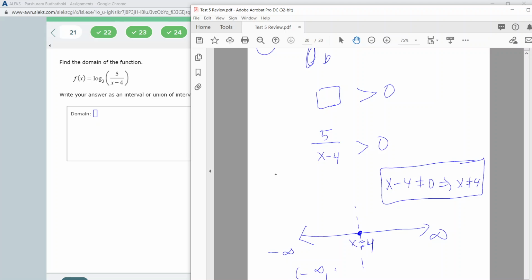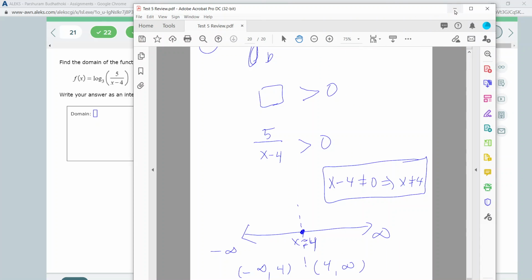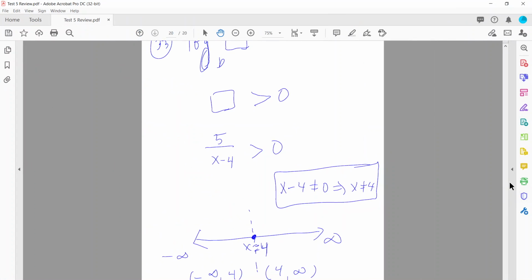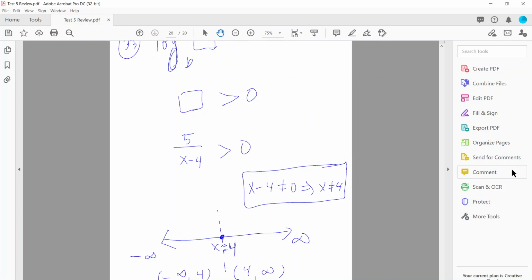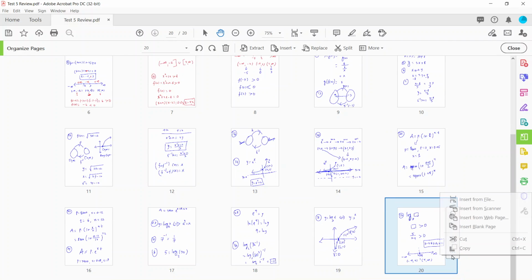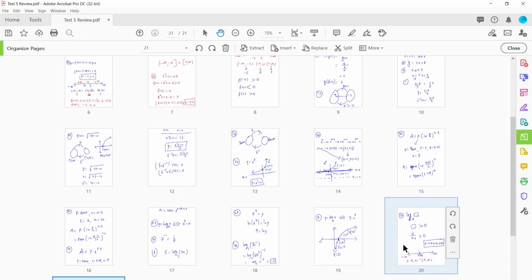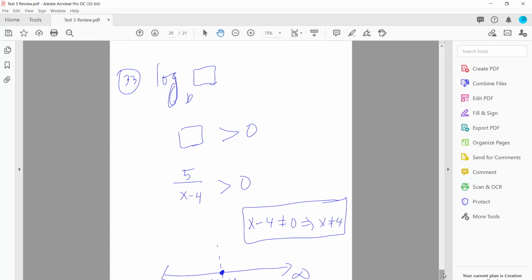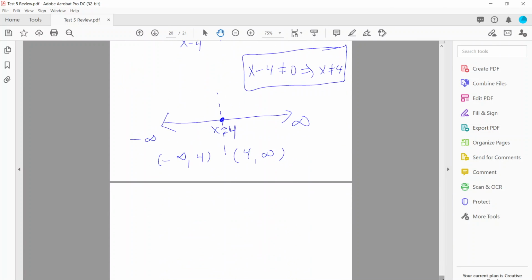So we need to find some testing points from these two intervals. I'm going to pick 0 from here and 5 from here, and check.